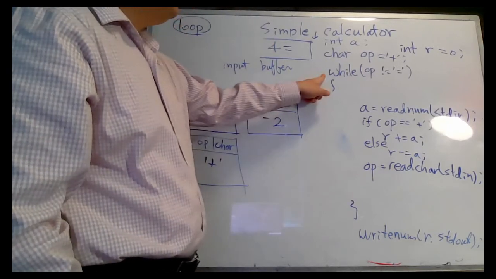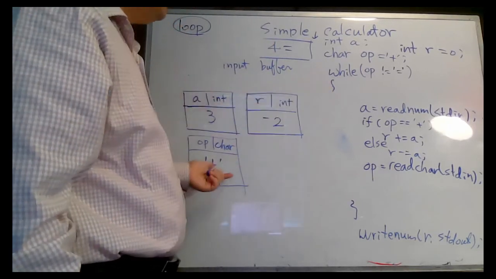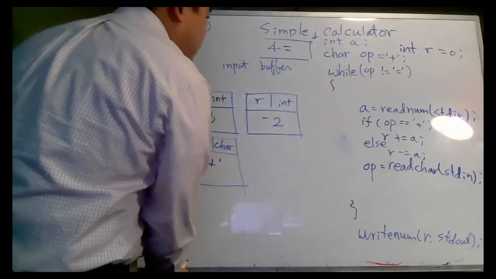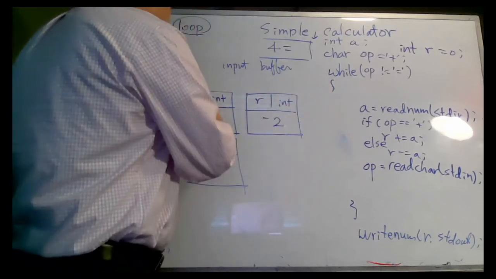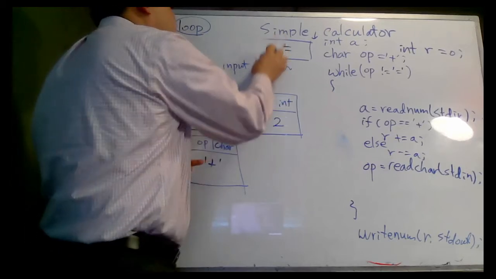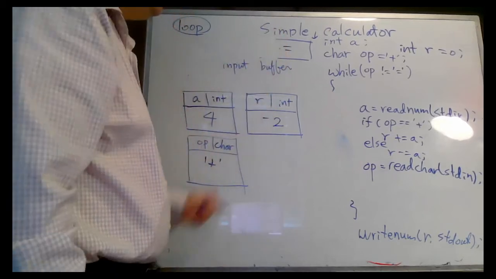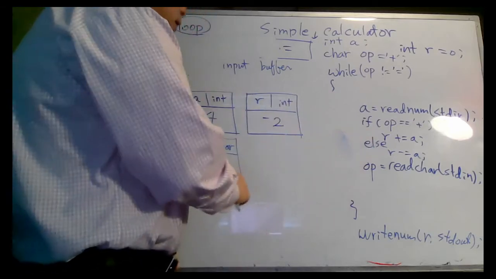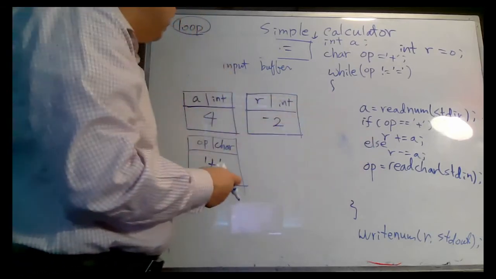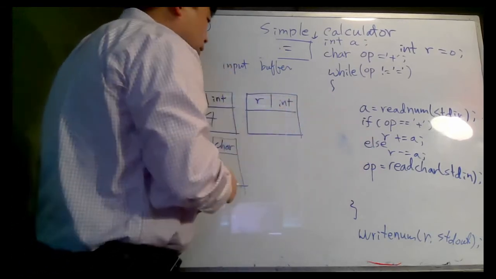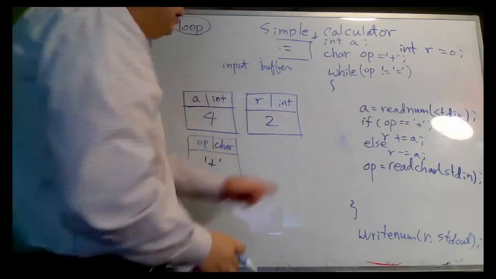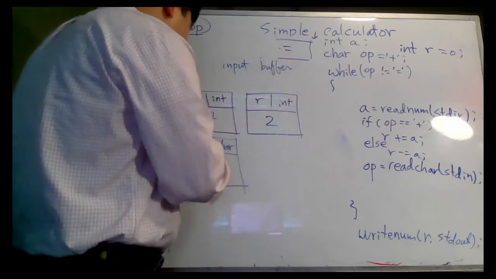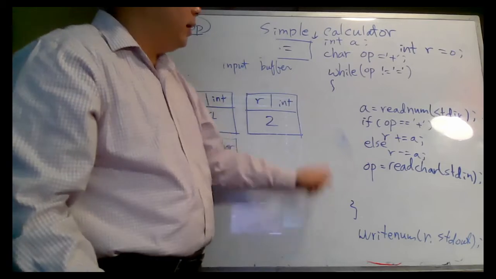Go again, the operator is not the equal sign in there, and then you read a number into 4 from the standard input, and then you update R using this because the operator is plus, so that means R becomes 2. Then you read the operator from the standard in, that's the equal sign, you exit.